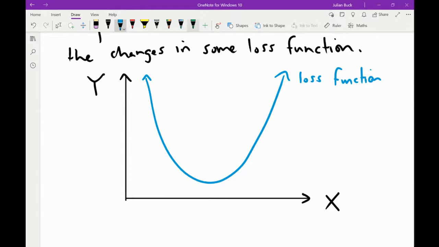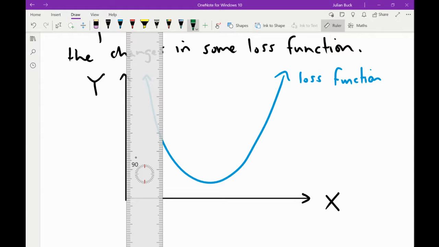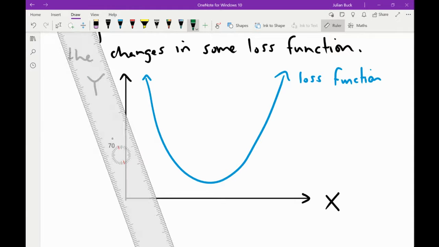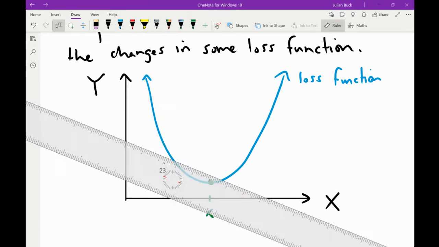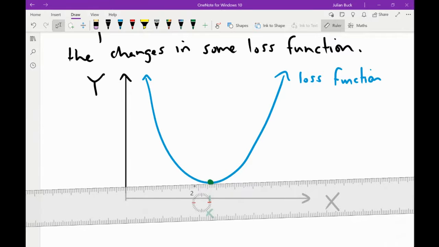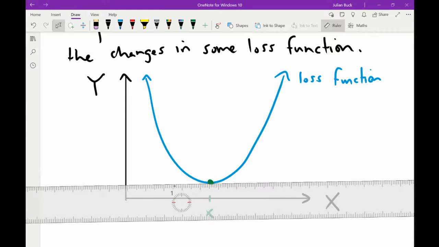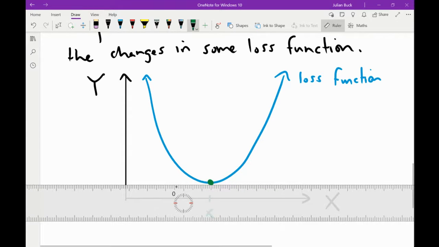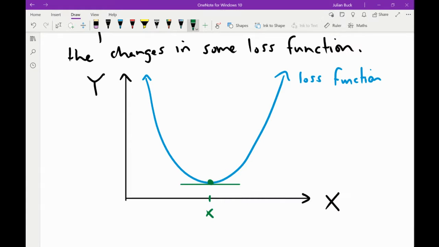Now, there is a point here and some corresponding feature value x, and at that point, we notice that it's flat, right? The rate of change is flat. The derivative is 0. And we can represent this geometrically by drawing a tangent line there.